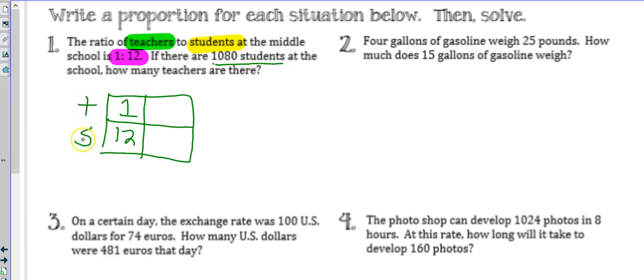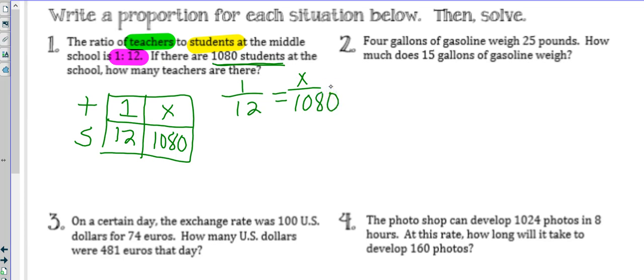If I've organized my information, I know that students should go on the bottom, 1,080. And then my unknown value is here. All right, so I have my proportion. 1 over 12 is equal to x over 1,080.